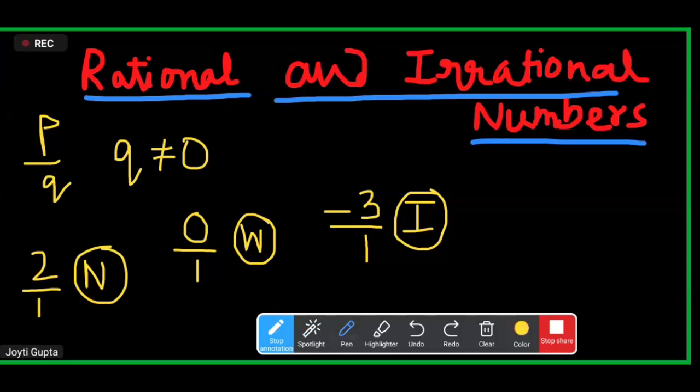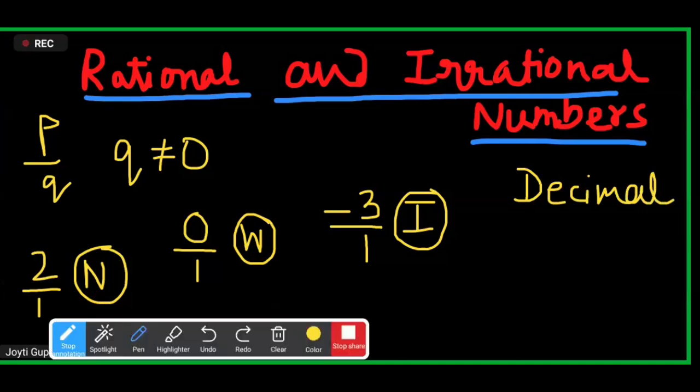Now decimal numbers, that is also a rational number. But please note here, not all decimal numbers are rational numbers, because not all decimal numbers you can convert in the form of p by q.